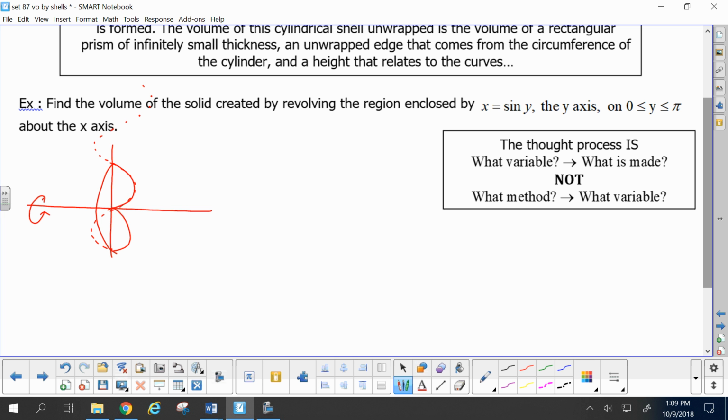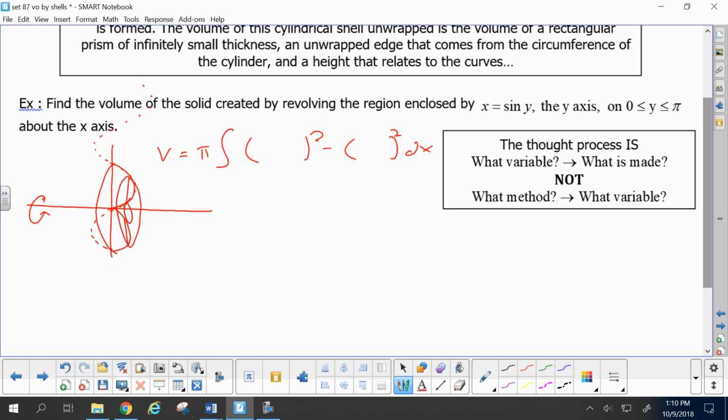All right. Now, in the past, I've just thrown this to students, and they said, well, if I revolve it around the x, then I use x, and my slice looks like that. And they don't see any problem. They say, okay, sounds good to me. Washer, I got that. Volume is pi big R squared minus little r squared dx.